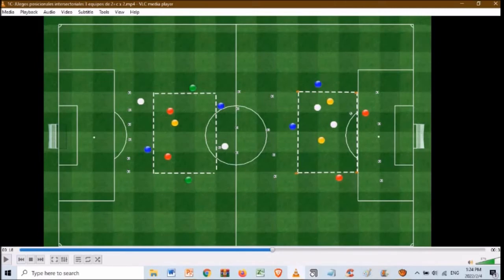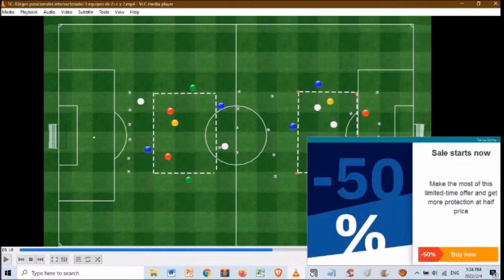Okay, the next example, same idea, same structure, same system, okay? 4-3-3, but now intersectorial, and we're working with the holding midfielder, or the central midfielder, and the 2 offensive midfielders, which are the 2 yellows, okay? And we have the 2 fullbacks and the center forward, the blue and the red, okay?